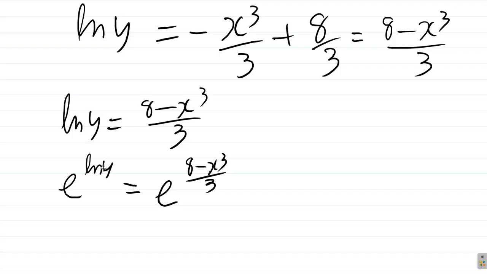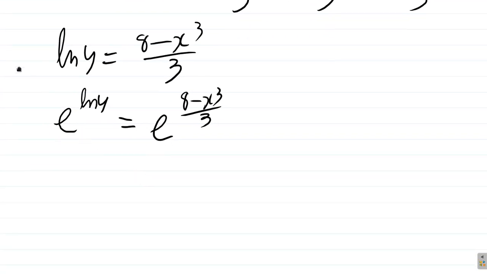Remember, when you have e to the power of ln y, it's going to be y, remember your laws of logarithms. So you have y is equal to e to the power of (8 minus x cubed) divided by 3. So that is what we have as our answer. Therefore we have solved the equation.